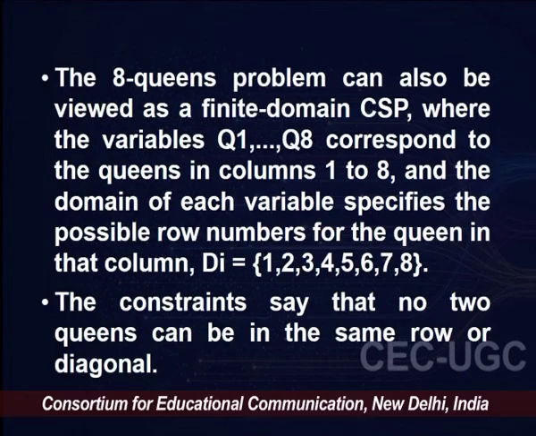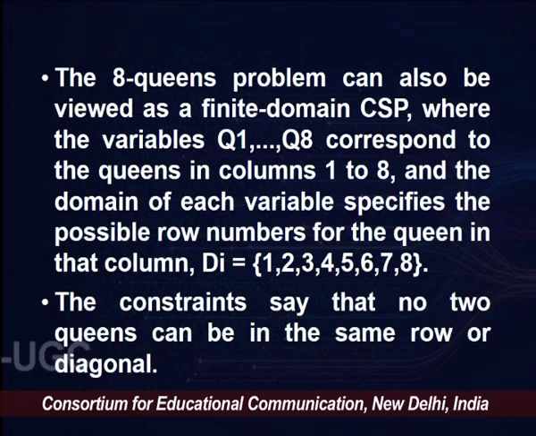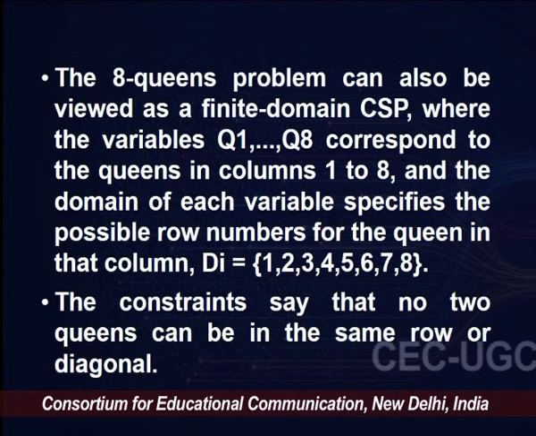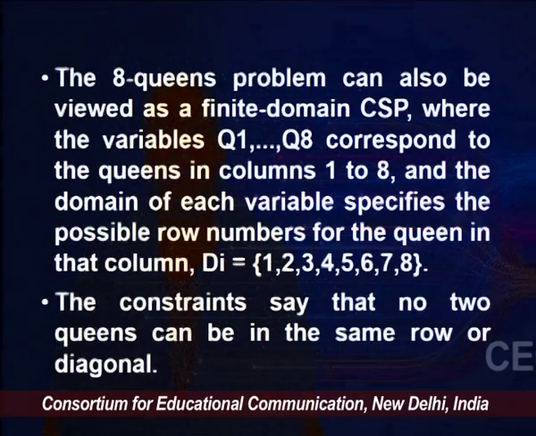So the domain set Di could be anything from 1 to 8, which are the possible row numbers. Also the constraint is that no two queens can be in the same row or the same diagonal. In the sense, no two queens can be in an attacking position. So this was a finite domain.